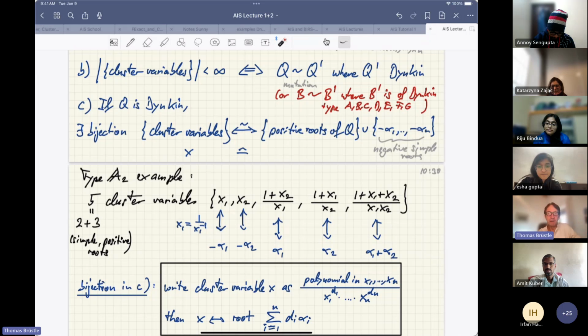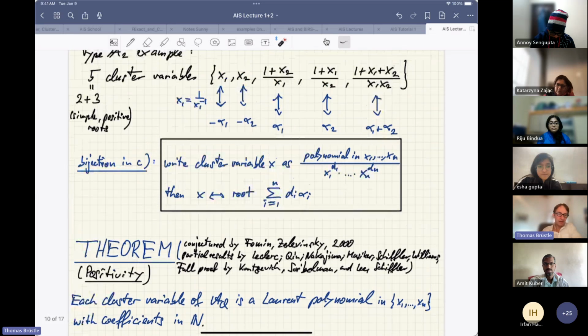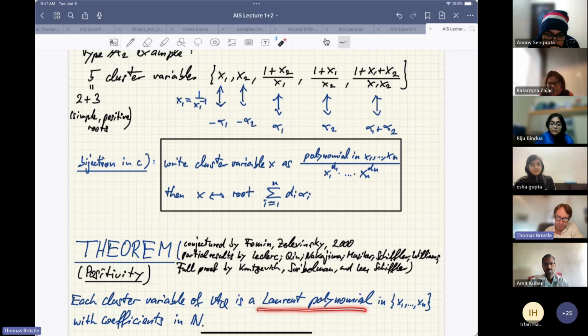And this is a big theorem. This is the theorem that I would like to formulate next. This is the positivity theorem. One of Fomin and Zelevinsky's original motivations was to show a certain kind of positivity when you express cluster variables after some mutation: you get positive expressions. And that is the result. Every cluster variable is a Laurent polynomial in the initial variables with coefficients which are natural numbers.